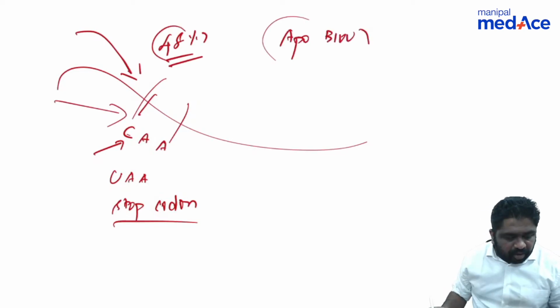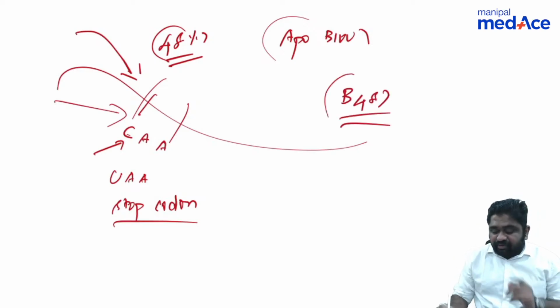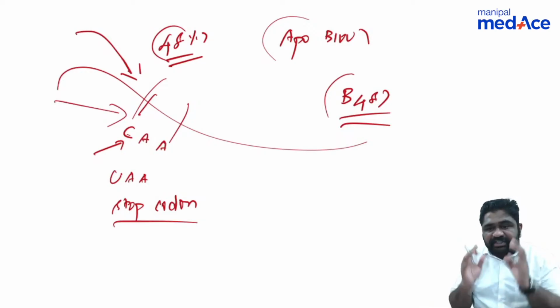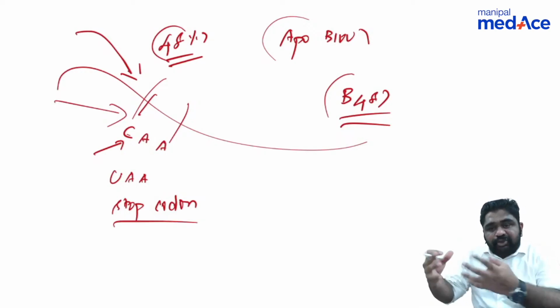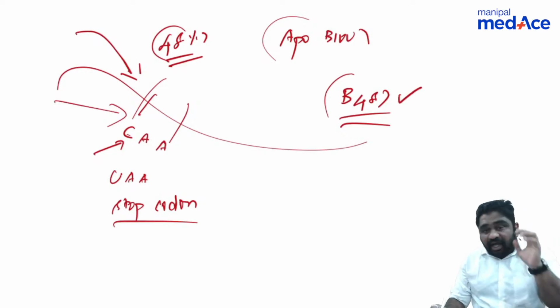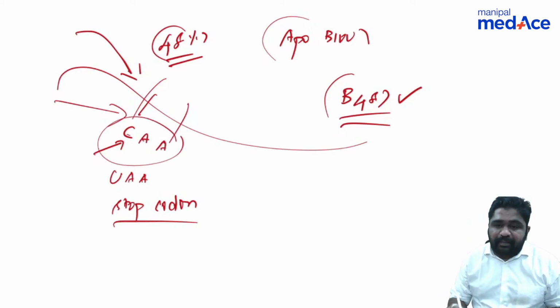That will lead to the formation of B48. Now, this B48 is the apolipoprotein present in a chylomicron, which is important for transporting the exogenous triacylglycerol. So for ApoB48 to come into picture and not ApoB100, you have to have the CAA cytidine deaminase into action.